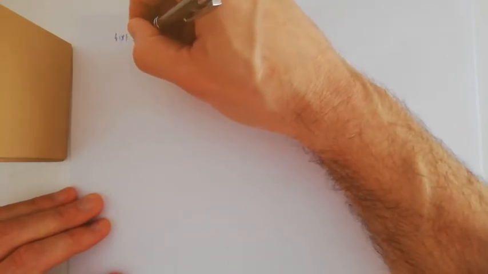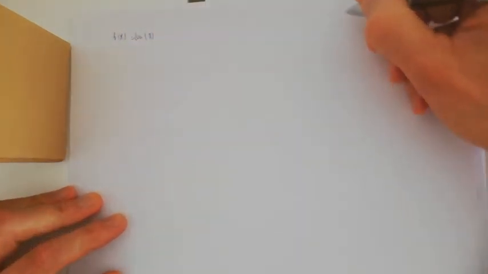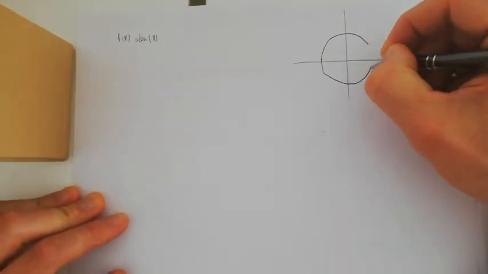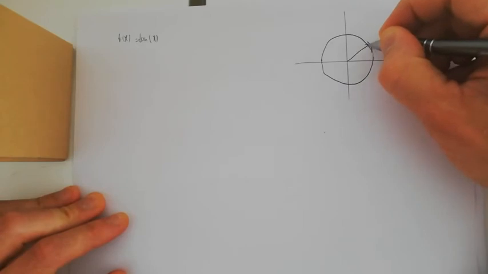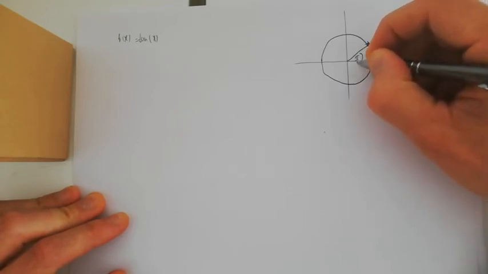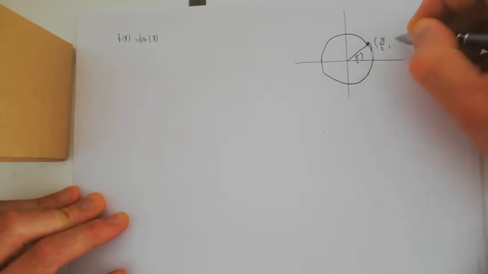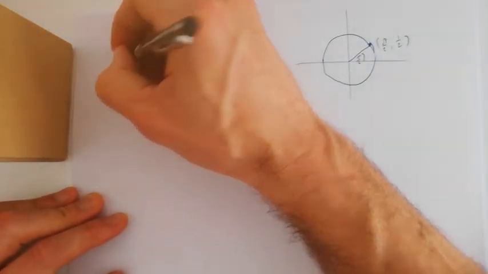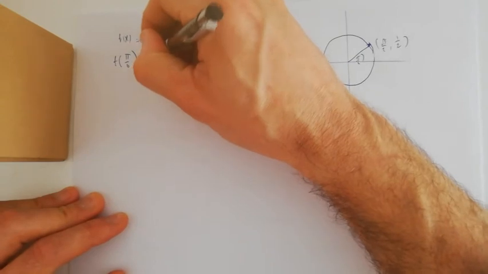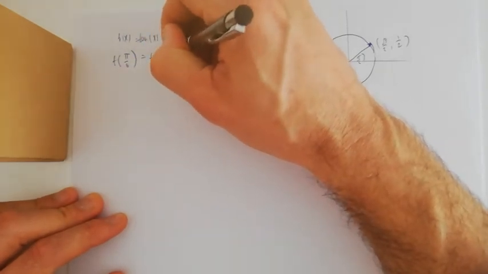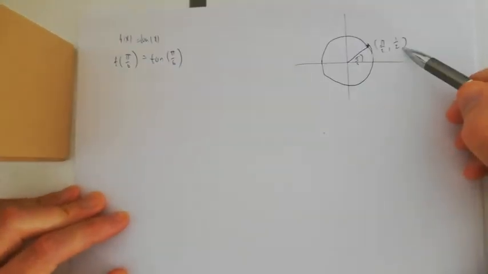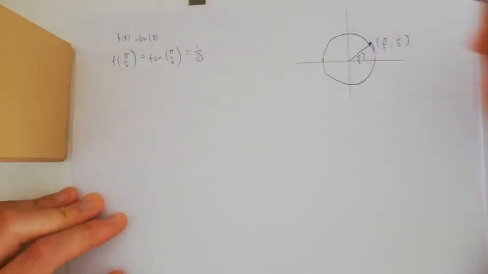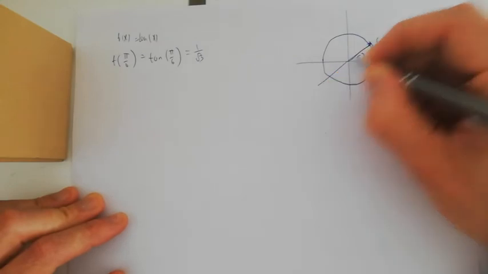So first tan of x. So tan of x, of course, in the unit circle relates between the angle and the slope of the line. So for example, if this angle is pi/6 and this point is √3/2, half, f of pi/6 or tan of pi/6 is simply the y coordinate divided by the x coordinate, which gives 1/√3, which is the slope of this line.